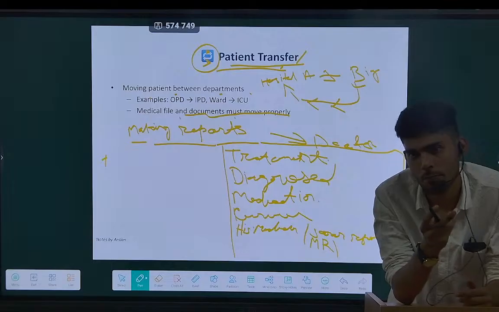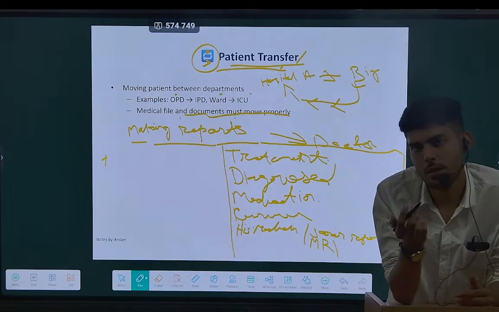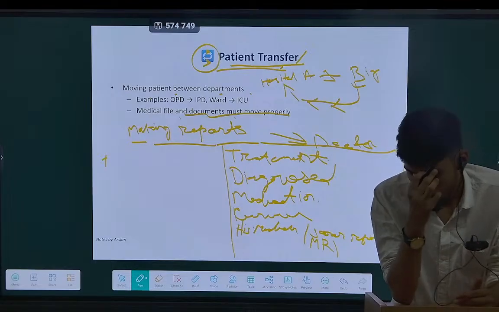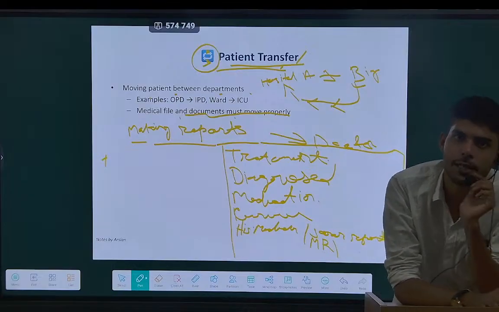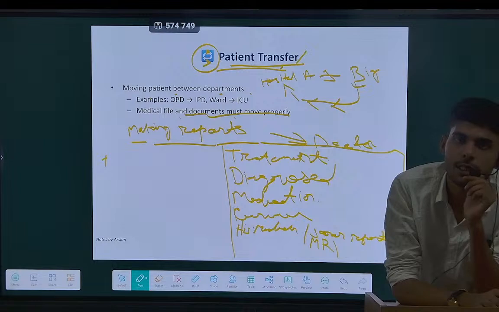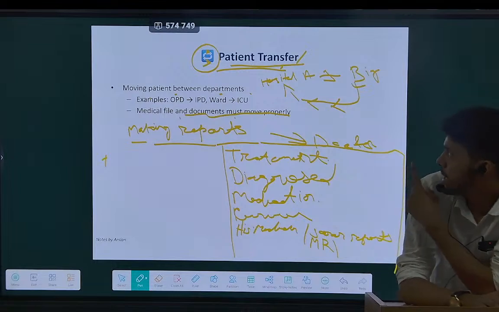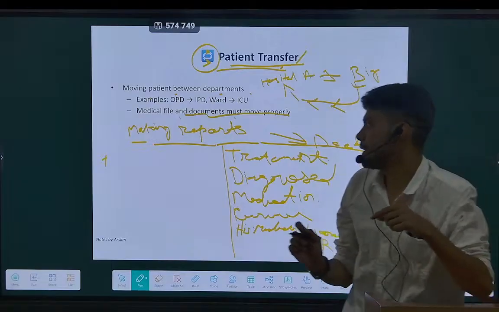Suppose you moved a patient to a different hospital, but when the patient arrived at that hospital, there is no file with him. So how will the doctor diagnose him? How will the doctor do the treatment if he or she does not have the record of his past treatment? So in patient transfer departments, it is very important that you move his medical file.